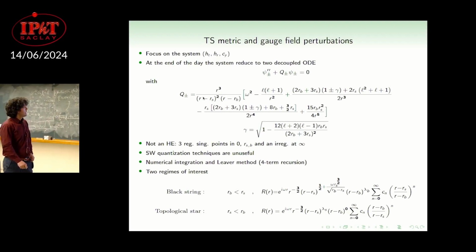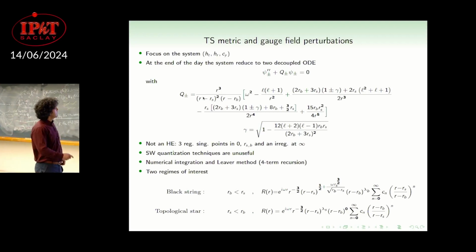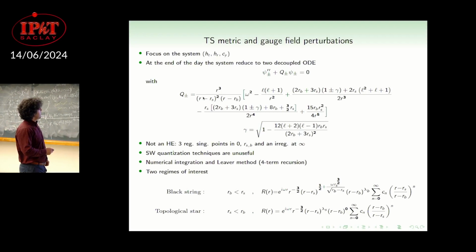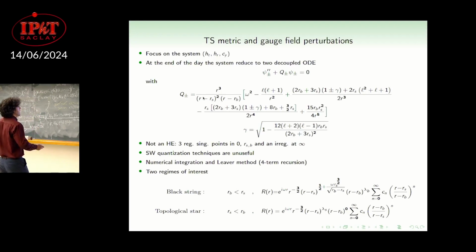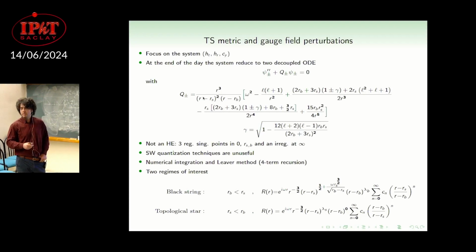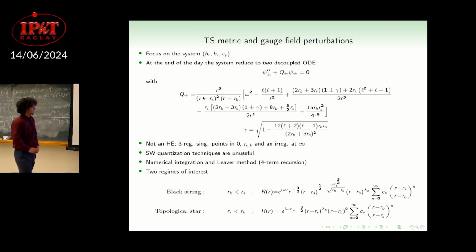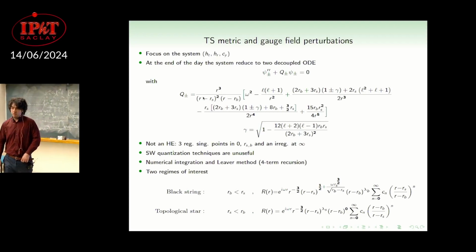You can notice immediately that this is not a Heun equation, because you have a regular singularity in RS, another in RB, and another in R equal to 0, and at infinity you have an irregular singularity. In general, this is an equation with 5 regular singularities where 2 points collide in order to form the irregular singularity at infinity. This means that our Seiberg-Witten techniques cannot be implemented in this case.